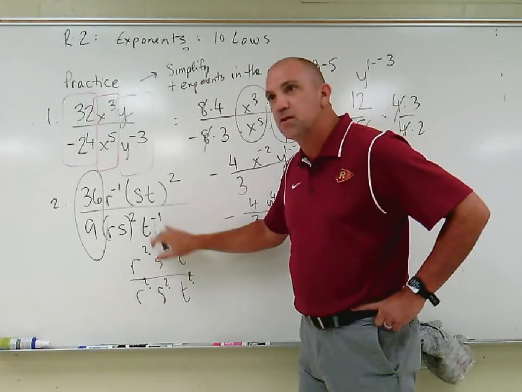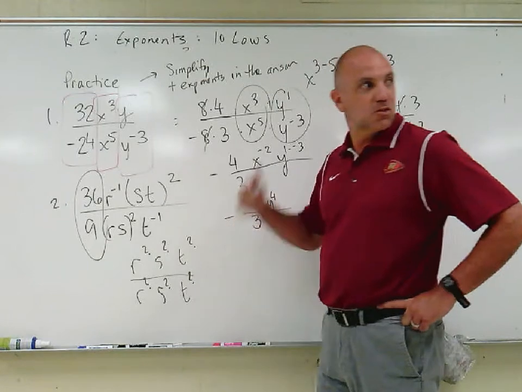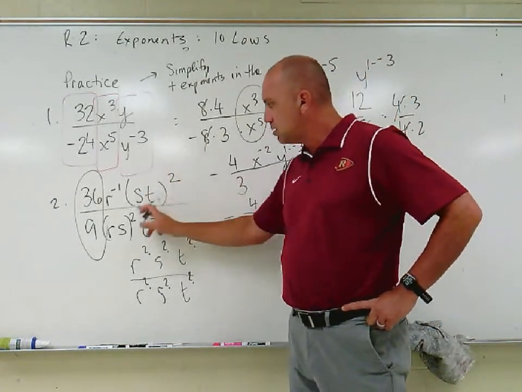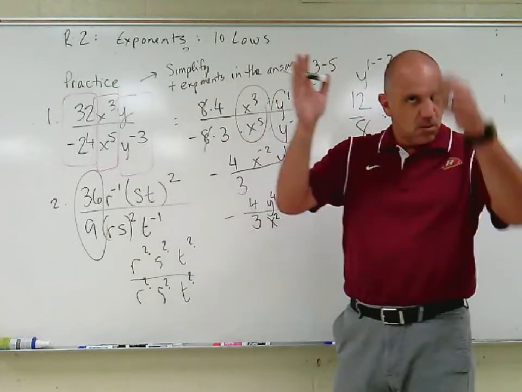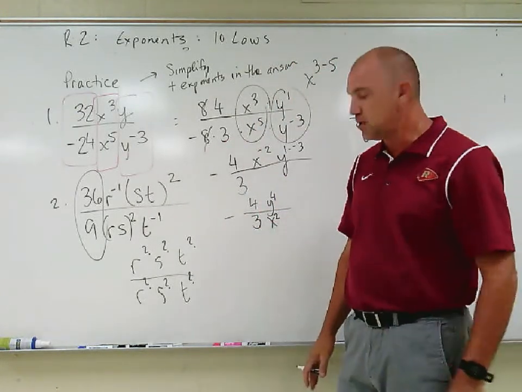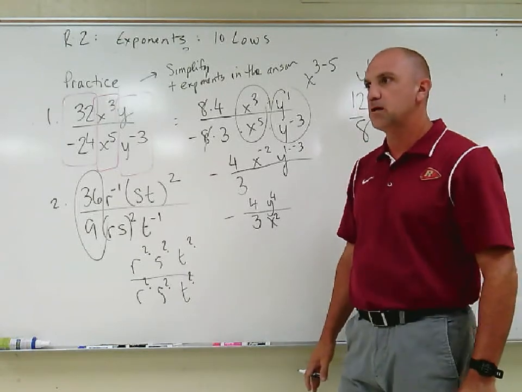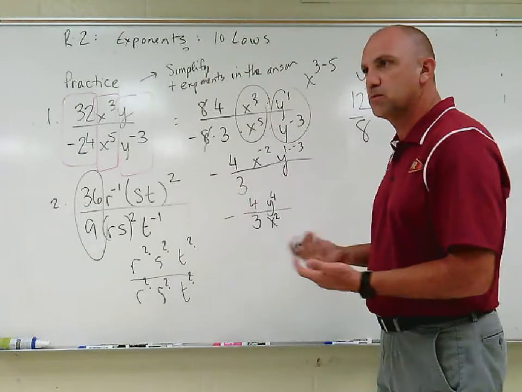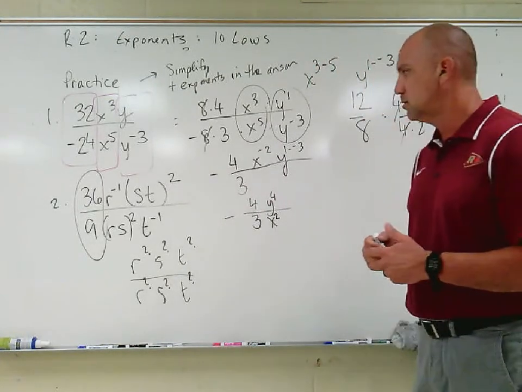And then I would deal with each one separately, just like I did here. So I would probably distribute these exponents, and then we look at each column of ones and simplify each one. Okay? I know those are crazy looking question marks, but I didn't want to write the numbers.